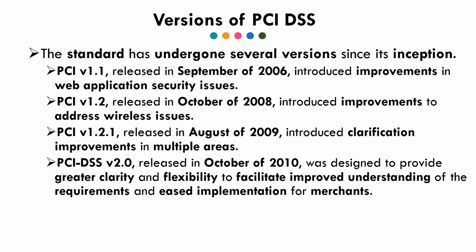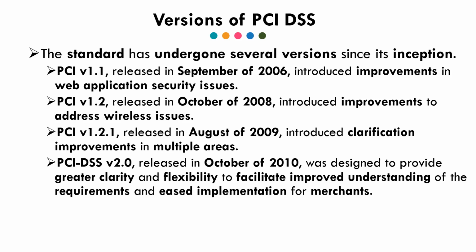They are the card companies that came together to form the PCI Council, and the PCI Council comes up with the standards. So the first standard was version 1.1, which was in 2006, and version 1.2 was made in October of 2008, and this version was an improvement upon version 1.1, obviously.